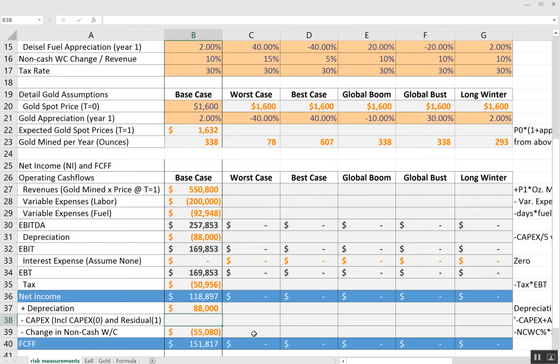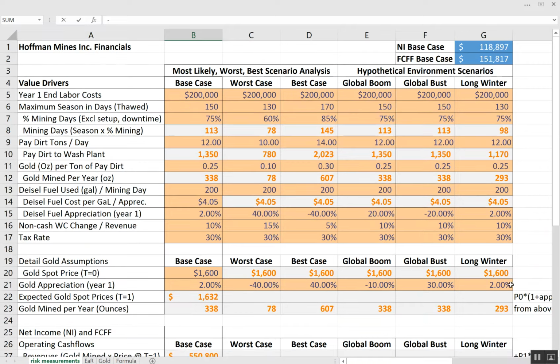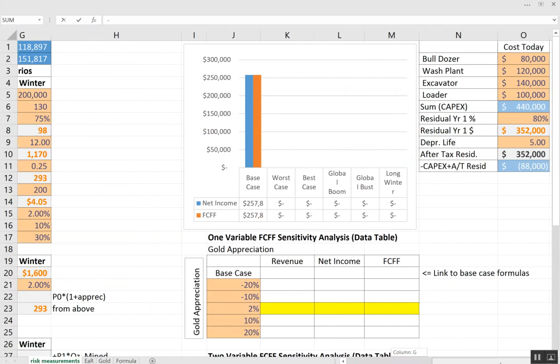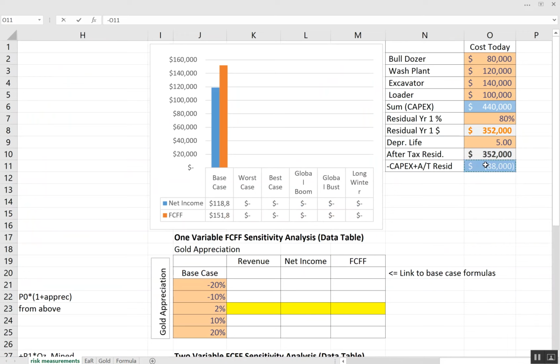So how I've modeled that is, again, up to the right here, where I have my CapEx. I've forecasted, let me just actually put it equal there. I've done a forecast that if they sell all their $440,000 of equipment back at the end of the year, and say they get 80% of it back, they'll get $352,000 when they sell it at the end of the year.